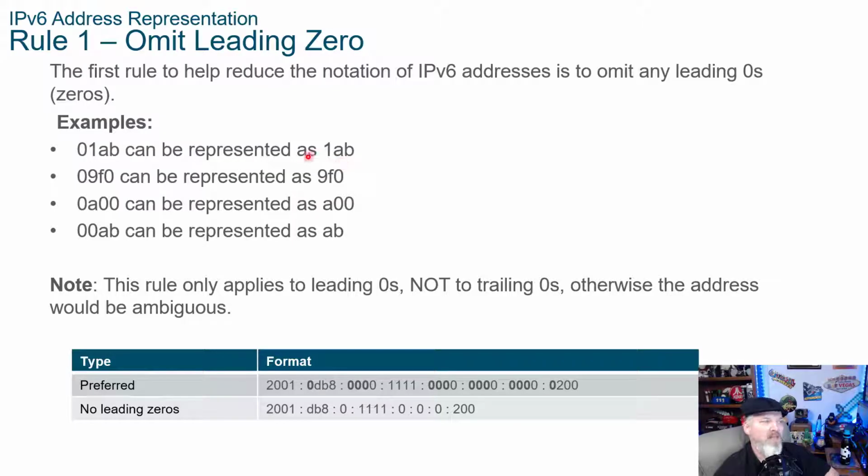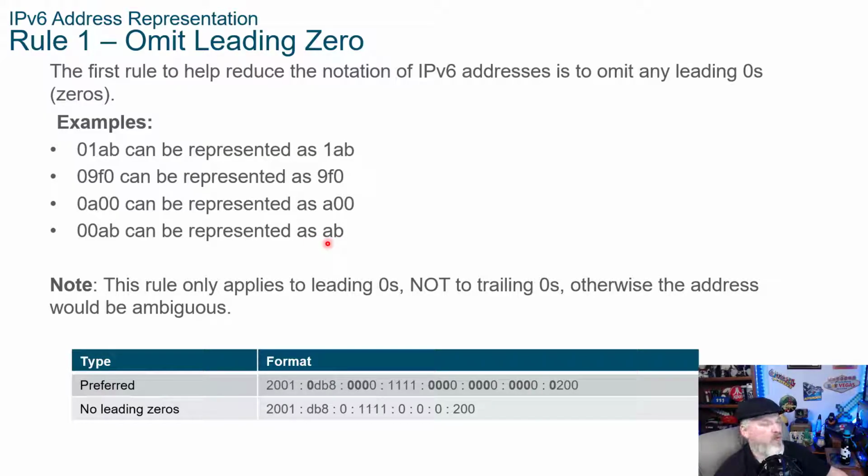That's pretty cool, but that's a leading zero. You cannot eliminate the trailing zeros or zeros in the middle. It can only be leading zeros. So this one here can be A00, this one can be AB. And you know, based on that rule, that if you see an AB in a hextet, that it's 00AB.